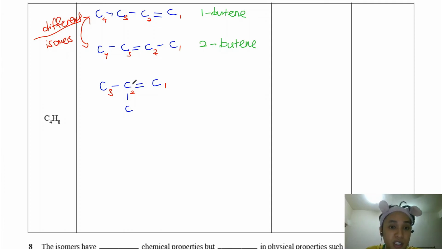This one is your main chain, this one is side chain. Let me just draw out the full structure for this one. Oops, sorry. Carbon can only have 4 bonds, right? So here is already 1, 2, 3, 4. Done. So this one is 4.